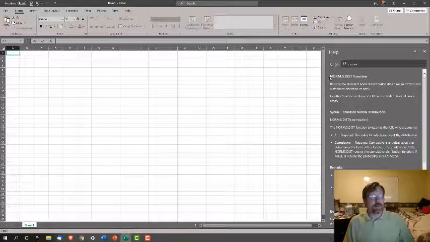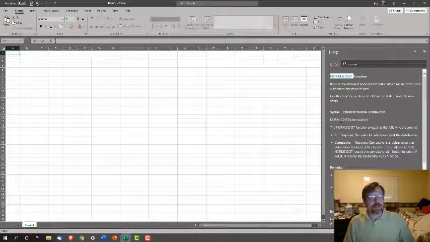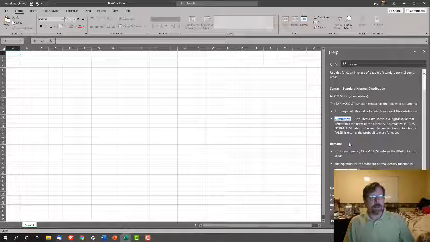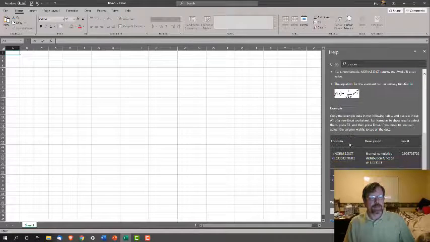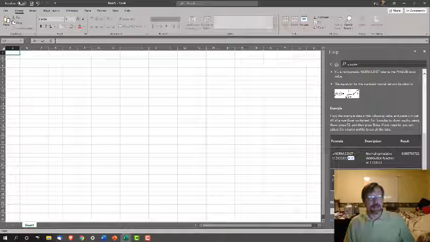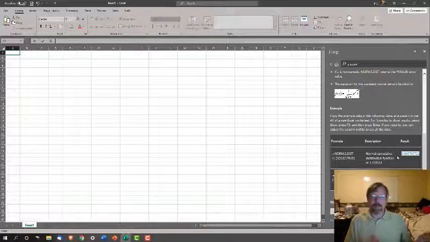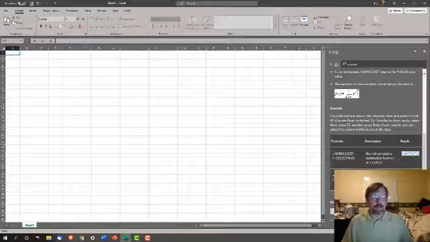The function we need is the NORM.S.DIST function, and that gives us the probability. We give it the z-value and tell it we want cumulative, so we tell it true if we want a cumulative one. So it gives us the probability associated with everything to the left of that z-value.